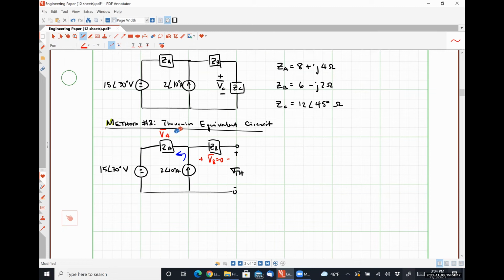That'll make it even easier. We can see practically by inspection that VTH is just VA plus 15 angle 30 degrees volts, where VA is nothing more than 2 angle 10 degrees amps times ZA.